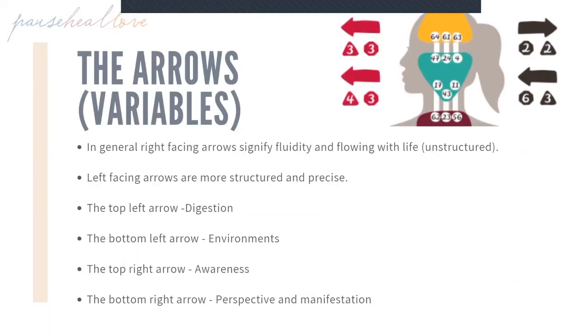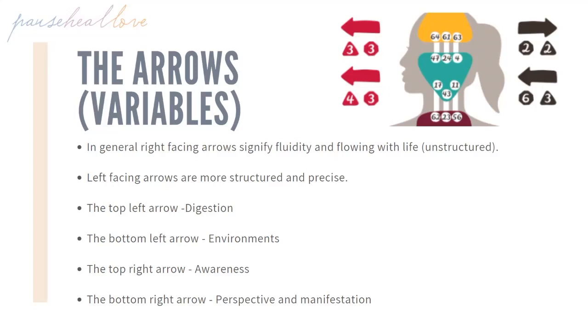The arrows are the variables of our design and dive even deeper into our chart. Variable describes how we are meant to take in, process, and filter information, and how this determines our perspective. Now, this is a more advanced aspect of human design, but I thought I'd share it with you just to give you a little taste of even more information about your uniqueness.